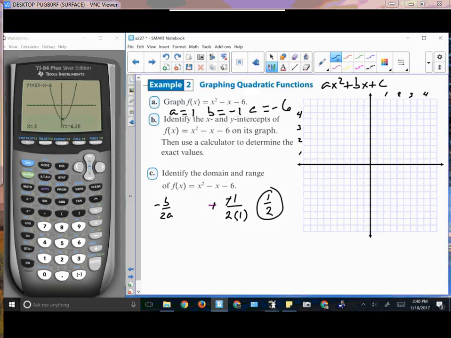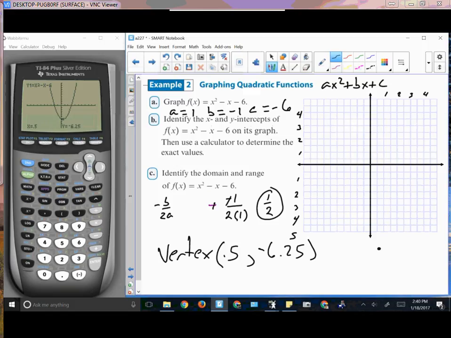I know that the vertex is going to be at 0.5, comma, negative 6.25. So I know, let's see, half was right there, 1, 2, let's see, what did I say I was going down by? 1, 2, 3, 4, 5, and I ran out of room. Right about down there.